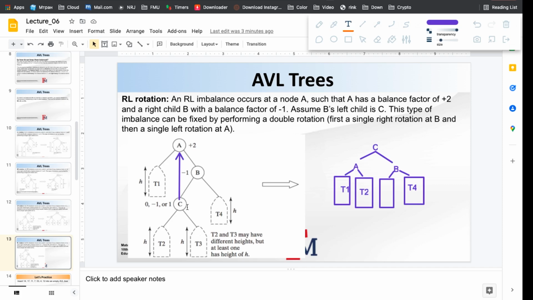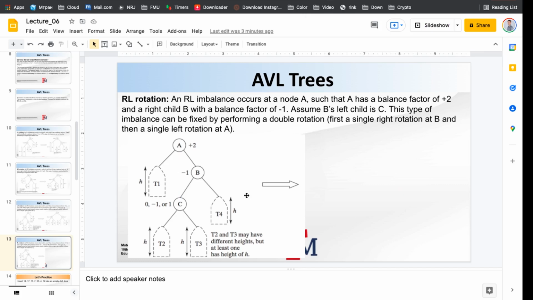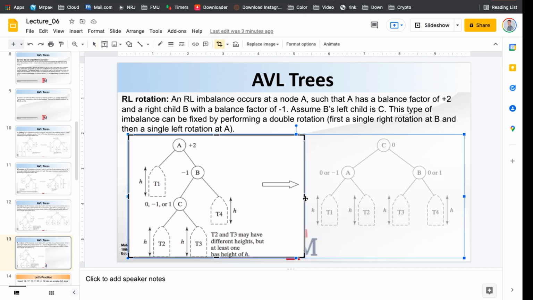T3 has to be on the right from C, on the left from B, so it's here. That's it. And in this case, again, the height of T1, T2, T3, T4 is still H, right? So the balance factor of every single node is going to be 0 here. Hope it makes sense.